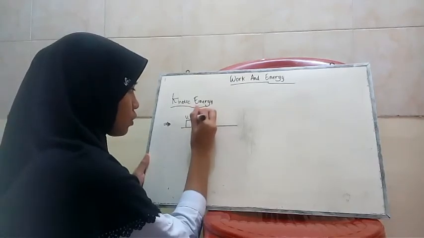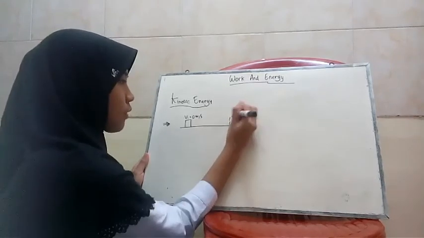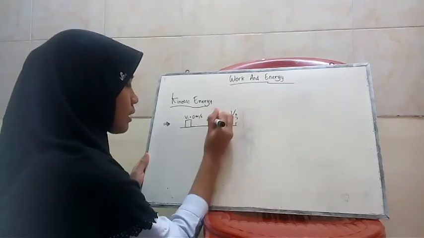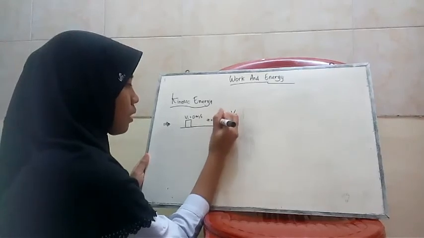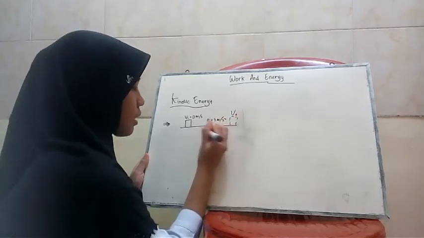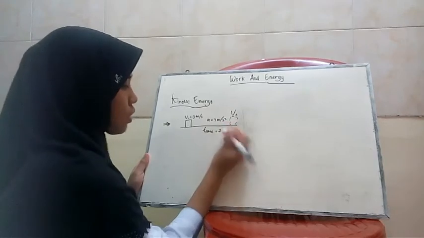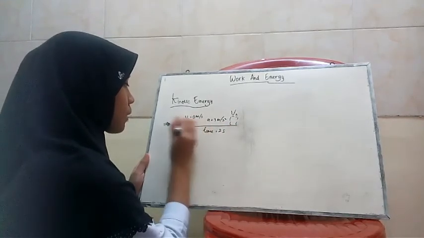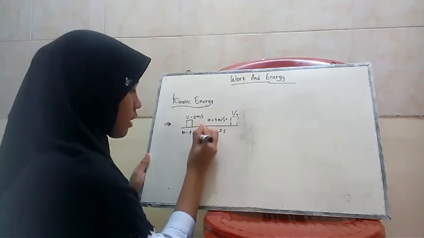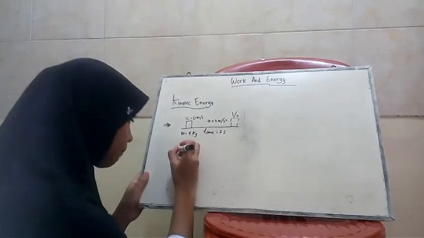V1 is 0 meters divided by second, and here the object finishes with V2, and here is a, 3 meters divided by second squared, time 2 seconds, and m is 4 kilograms.